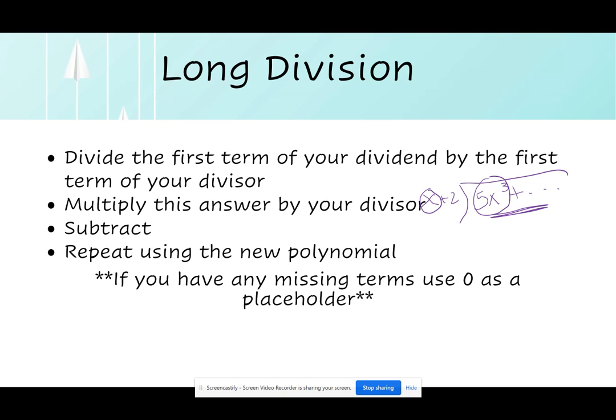Divide that by this, and your answer will go up top here. Then you're going to multiply your answer by this whole thing and write your answer down here. We're going to subtract the two and get a new polynomial and keep on repeating these steps until we finish and get a remainder. And if we have any missing terms, we need to use 0 in its place. So we're going to go through examples and hopefully it'll make more sense.